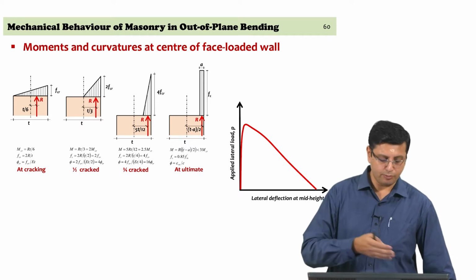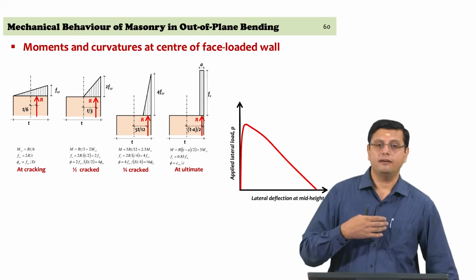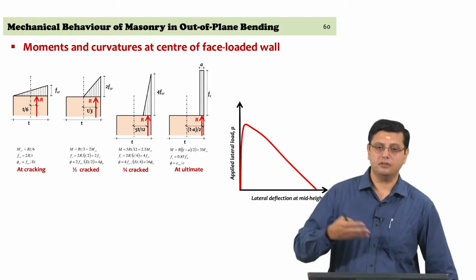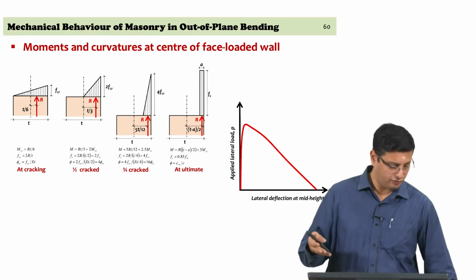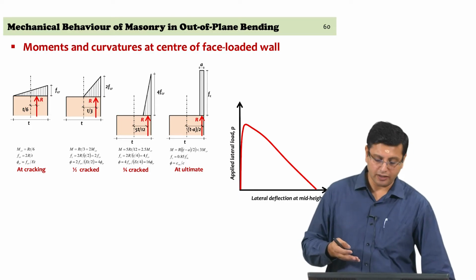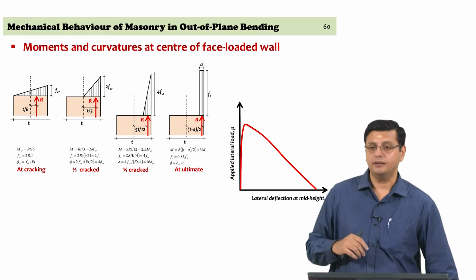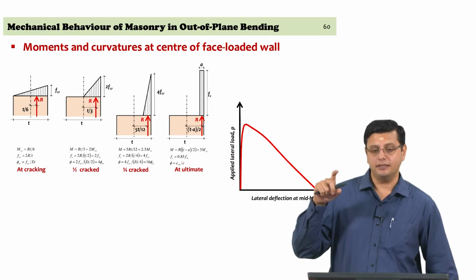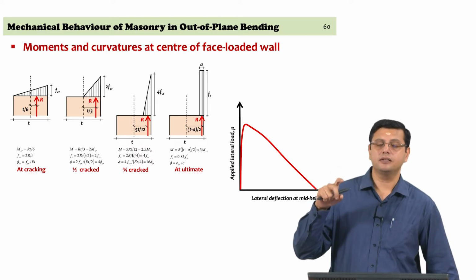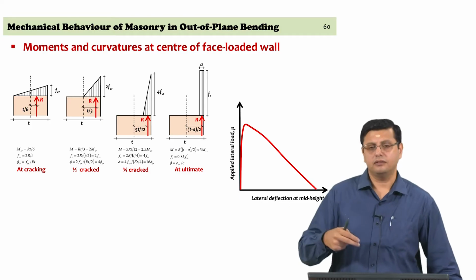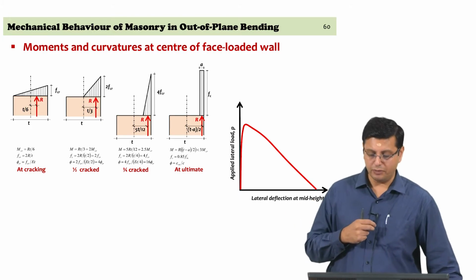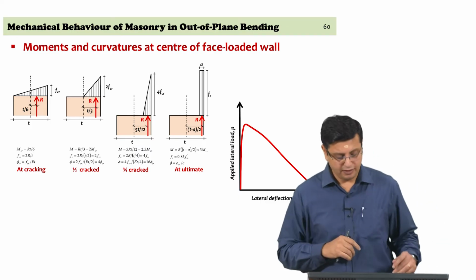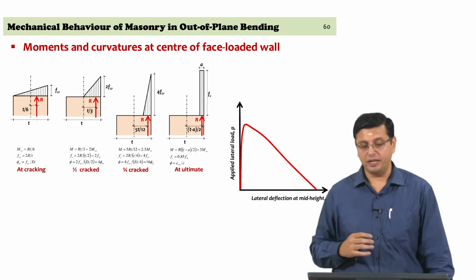We examined how it is possible to write down the stresses in the cross section, and up to the ultimate stage we follow the same process, but beyond that we assume a rectangular stress block that is replacing the parabolic distribution of stresses at ultimate due to softening of the material in compression. So, this is the other way in which the formulation can be done.